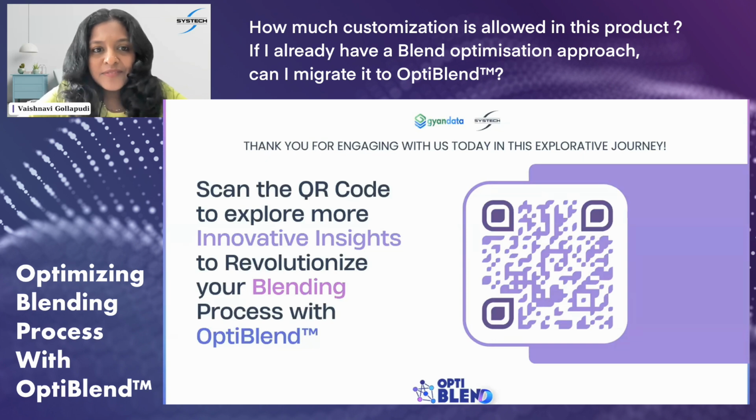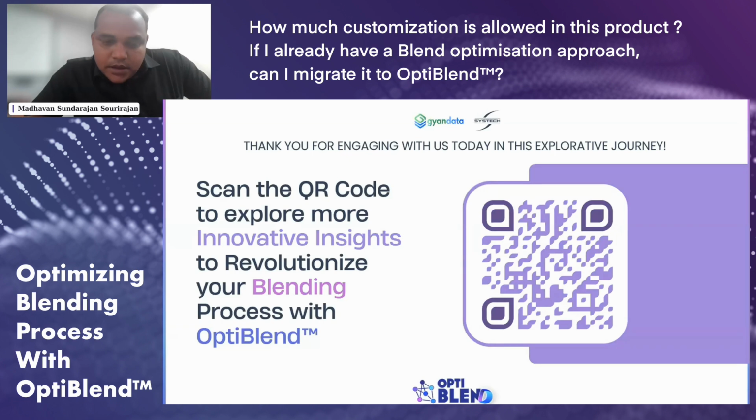Please go ahead. Yeah. So OptiBlend comes with customization capabilities inbuilt in the product, and it allows us to integrate custom models, and also allows customization in the different components that are available as part of the product.